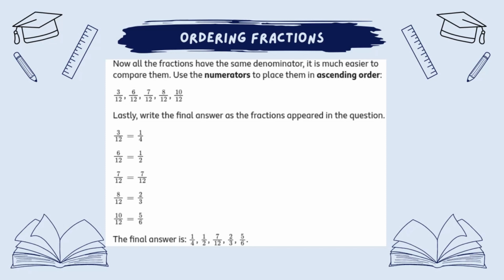Now all the fractions have the same denominator, it is much easier to compare them. Use the numerators to place them in ascending order. Lastly, you can write the final answer as the fractions appeared in the question. The final answer is 1 over 4, 1 over 2, 7 over 12, 2 over 3 and 5 over 6.